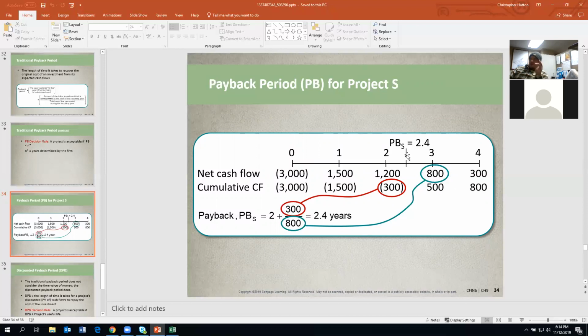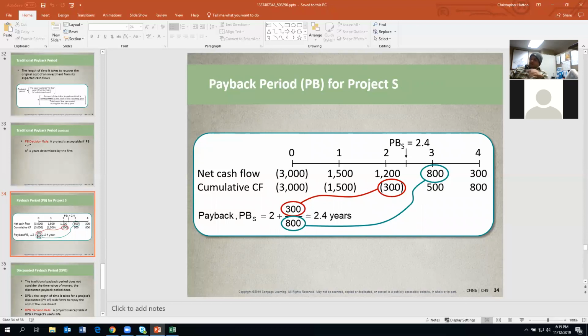So to figure out the exact amount of time, you know it's between year two and year three because you switch from negative to positive there. But this is how you do it. You just do payback period is equal to 2 years because it's not 3 years, but it's more than 2. So 2 plus, and then you want these numbers to be positive.